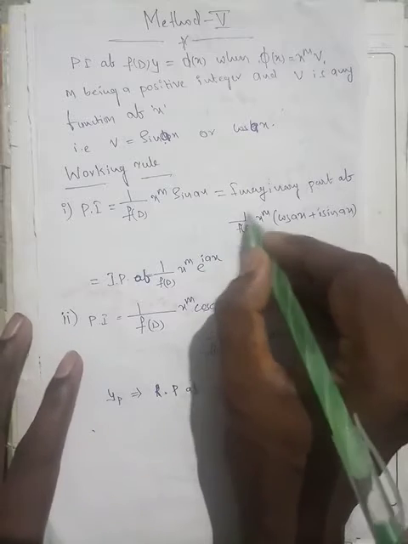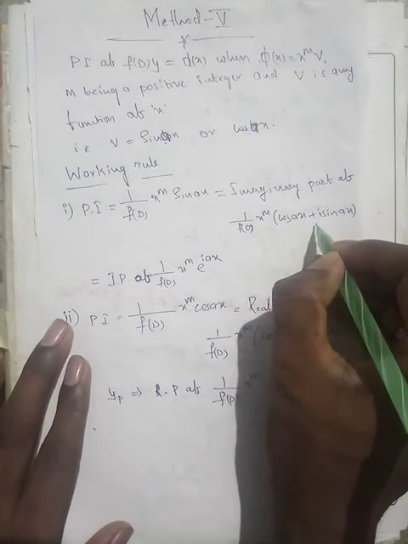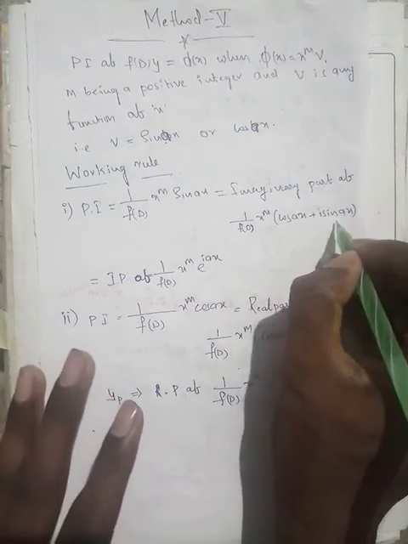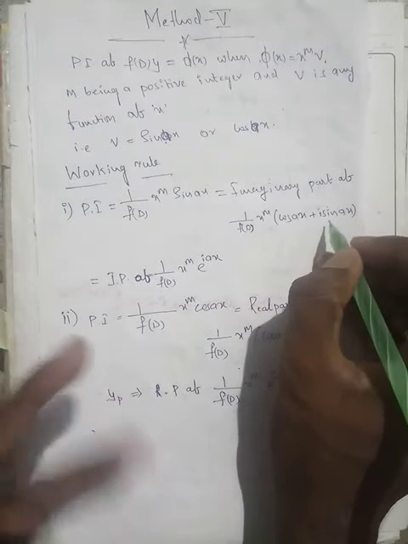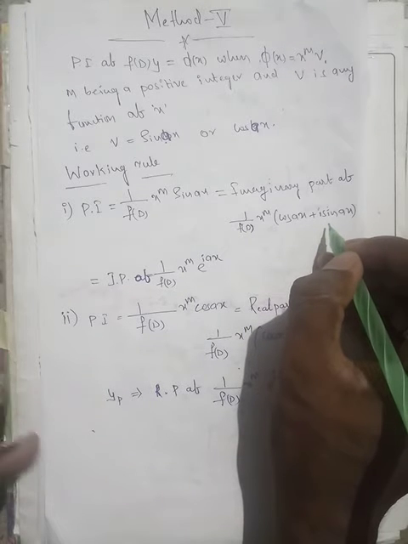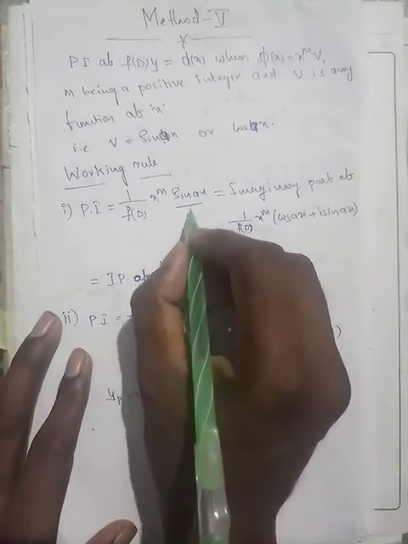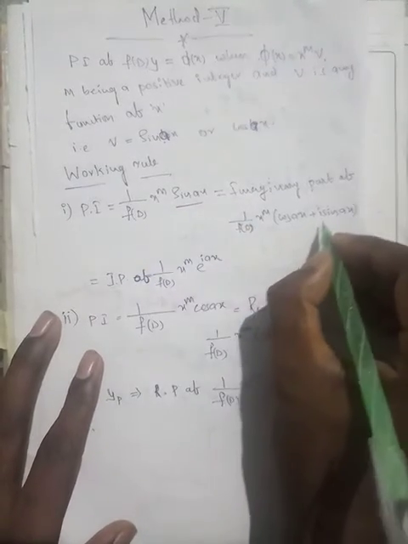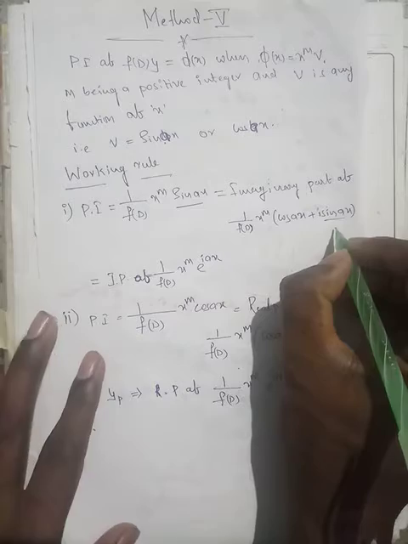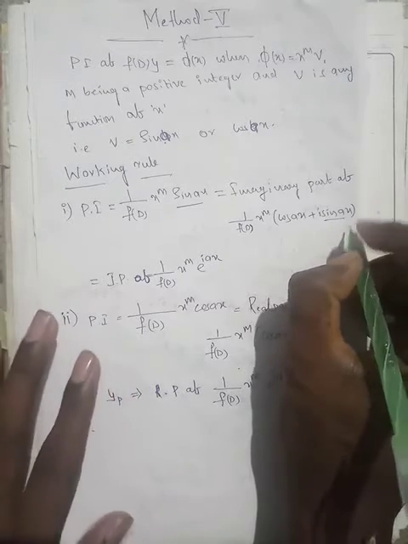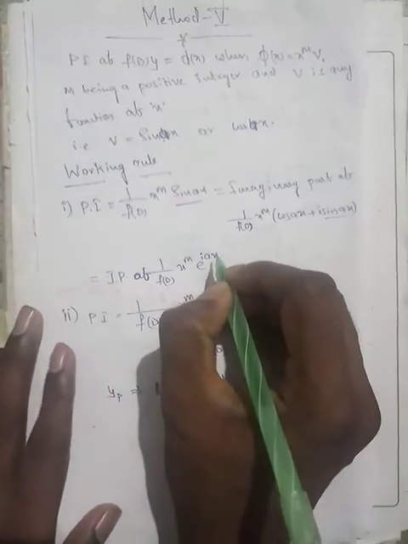We are multiplying this function with a complex number, that is cos x plus i sin x, so we'll get a complex number only. From that I am considering only the imaginary part. Why? In a complex number, sin is the imaginary part, so that's why we are considering only the imaginary part.